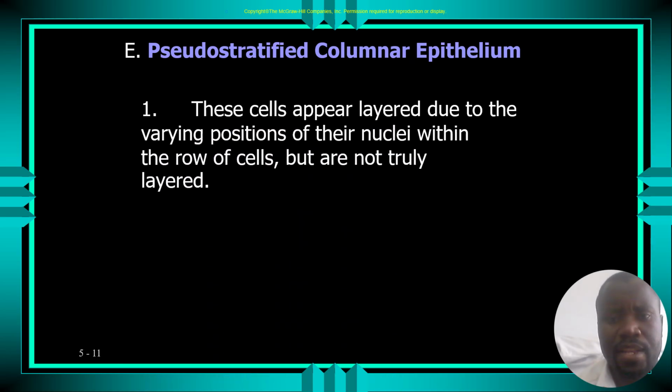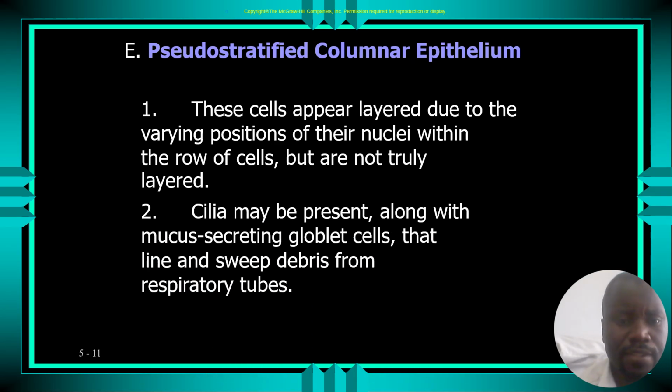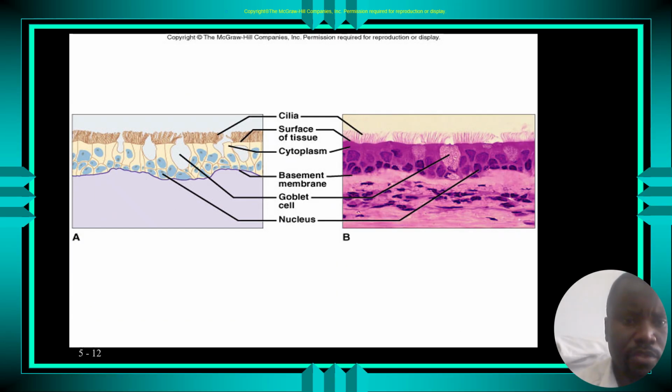These cells appear layered due to the varying positions of their nuclei within the row of cells, but are not truly layered. Cilia may be present, therefore they will be called ciliated pseudostratified columnar, and you find this, for example, in the trachea or the upper respiratory system. So this is what we are talking about. You can see the goblet cells there. You can see the tall cells with cilia on top.